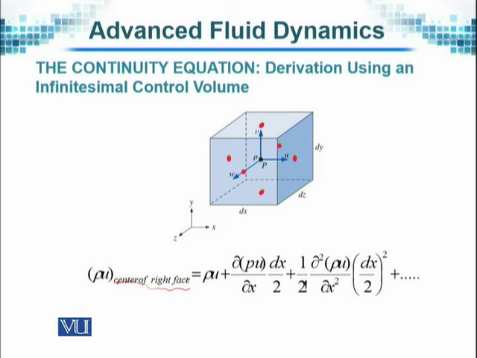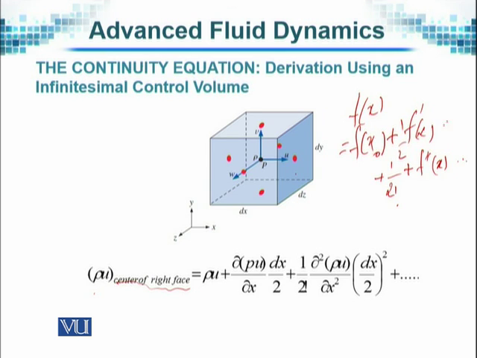So there are 2 faces, and therefore for rho u on the right hand side, we obtain the equation; we have to recall that f of x will be equal to f of x naught plus f dash x, the first derivative, and similarly 1 over 2 factorial times f double dash, etc. And this continues into dx and so on. So similar terms are here. You are all familiar with this, so I don't want to go over that.